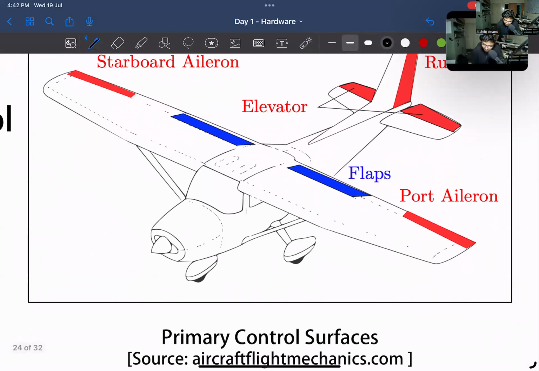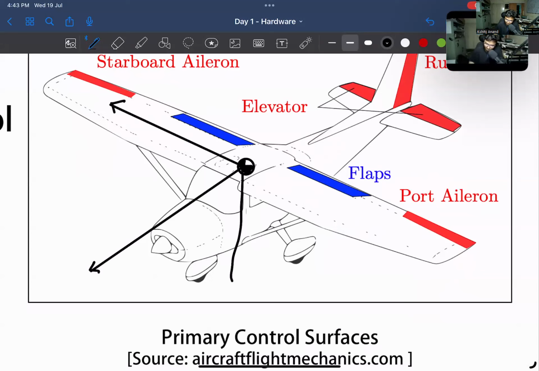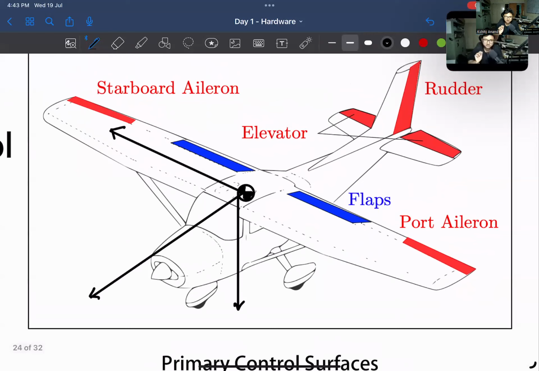So let's say this is where the CG of the aircraft is. One axis comes out front. This axis is parallel to the fuselage reference line. One axis goes on the starboard side. And one axis goes down. This is called the body frame. And this is the CG of the aircraft.